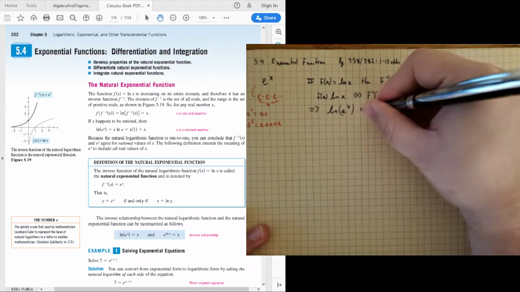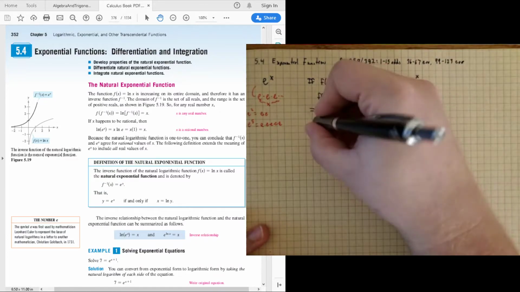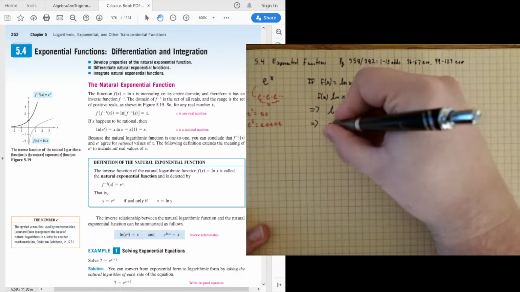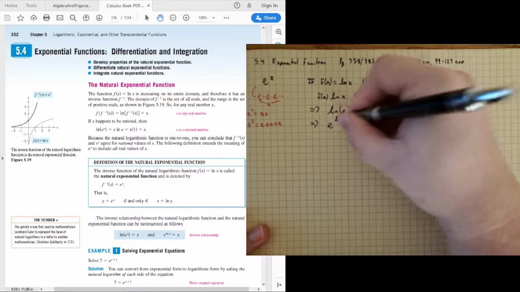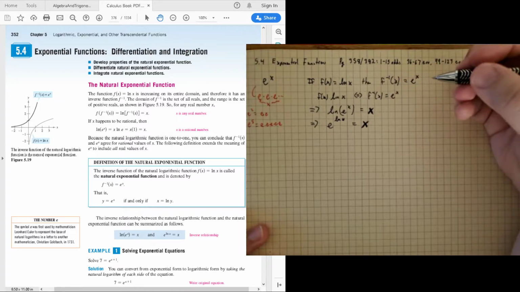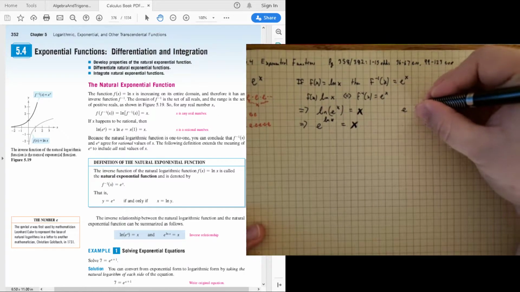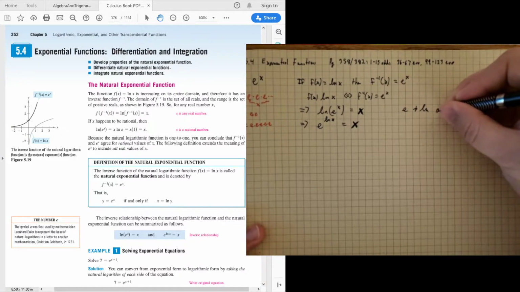Because remember, the definition of an inverse is that if you apply one to the other, x pops out. And it works both ways. e to the natural log of x is also equal to x. In other words, e and ln are seen to cancel.